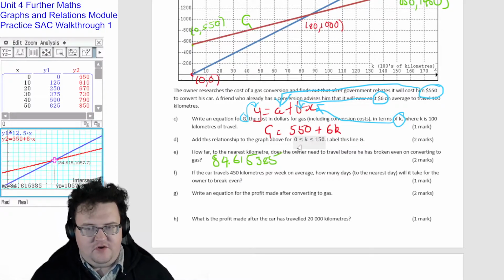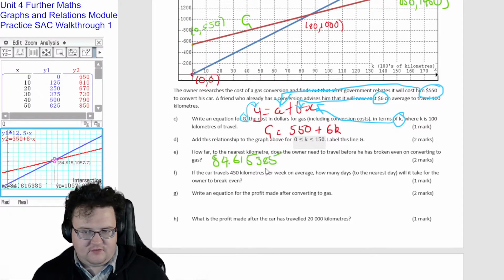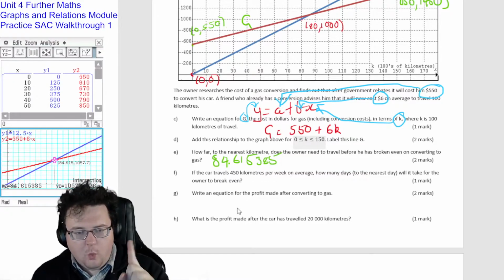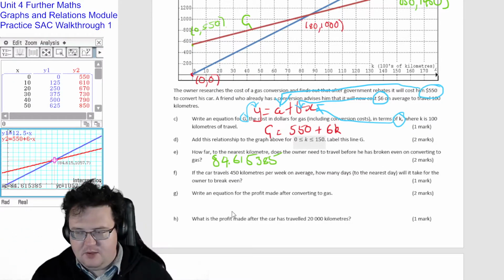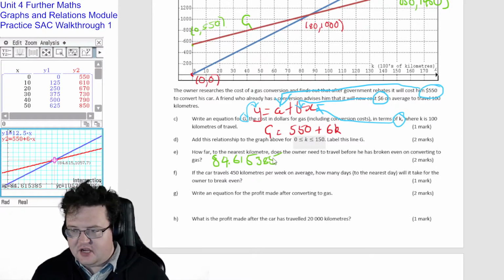It needs to be converted. Now remember, that value of K is 84.615385. But in the context of the question, 1K pronumeral is actually equal to 100 kilometers. So what I need to do is convert this K value to an actual kilometer distance measurement.